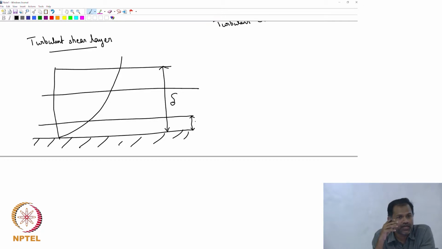It would be almost negligible, because the viscous action will be very strong, because the solid is giving a lot of friction to the fluid flow. So, that is the region where the viscous stresses will be much larger than the turbulent stresses. So, this region is where tau viscous is much larger than tau turbulent, and we call that layer the wall layer or viscous layer.